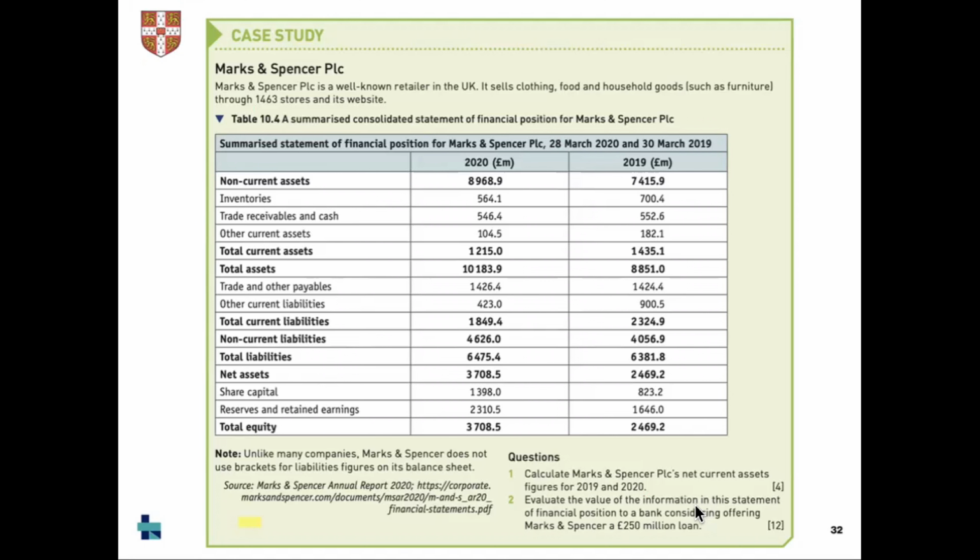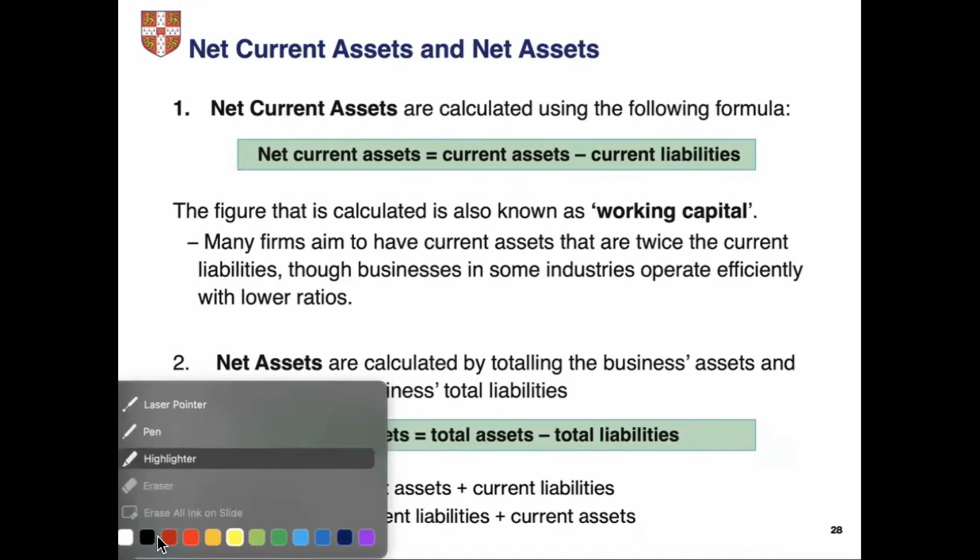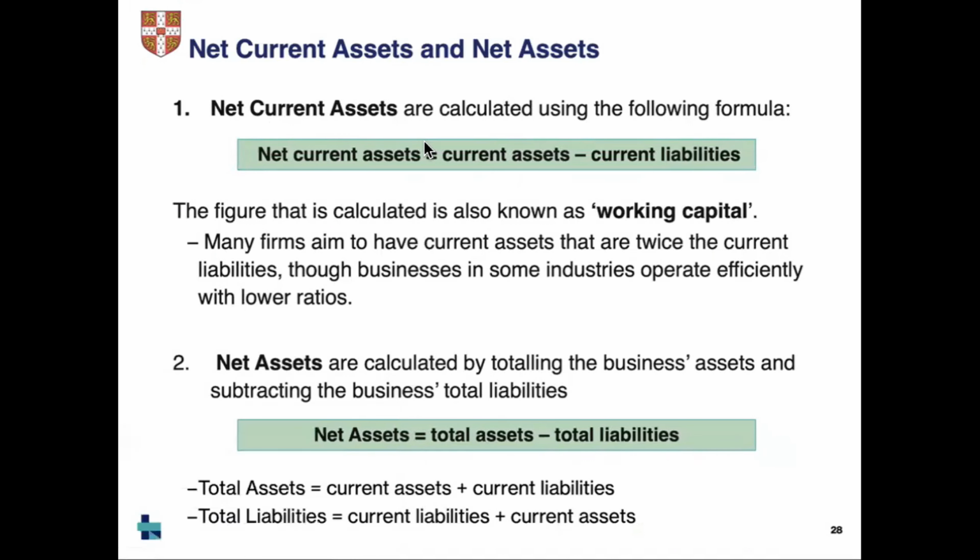So let's look at it. We know that the formula for net current asset is current assets minus current liabilities. Let me get my highlighter.